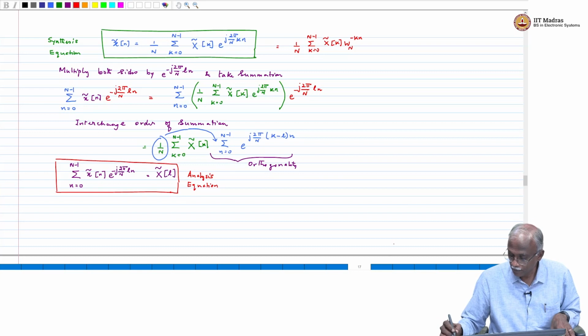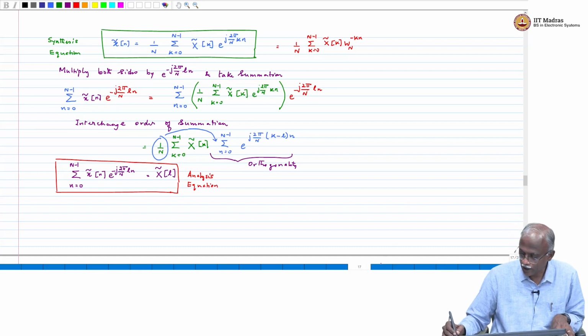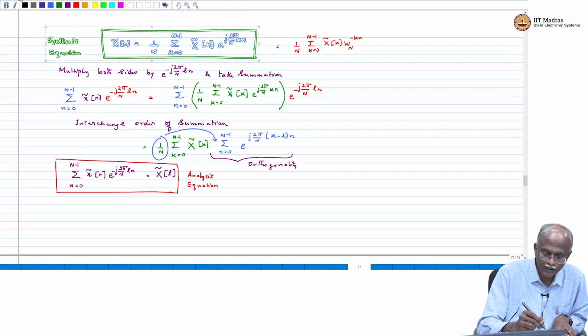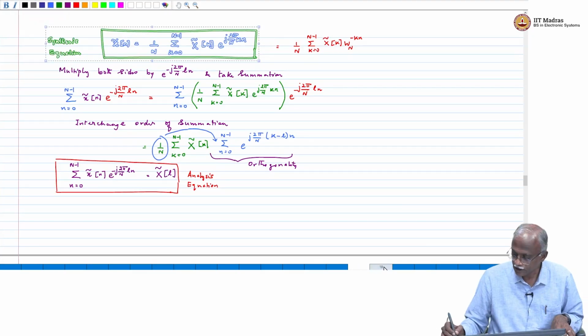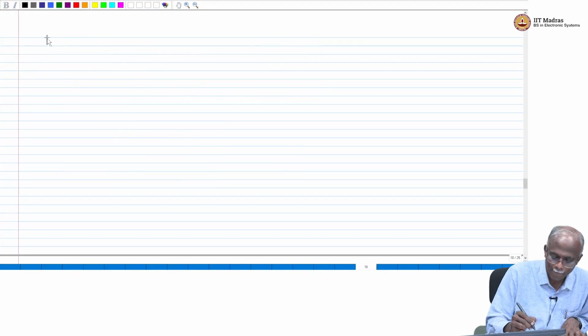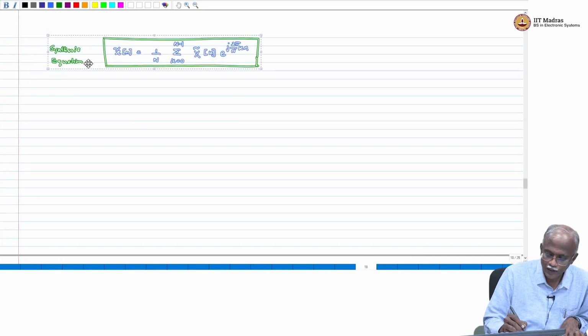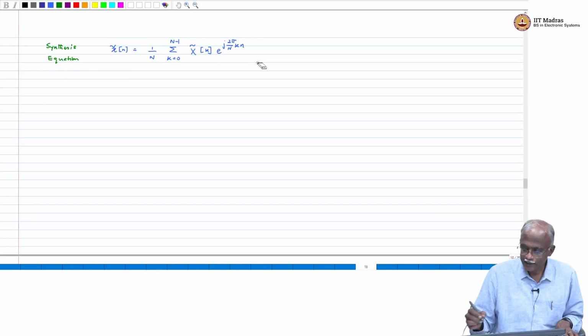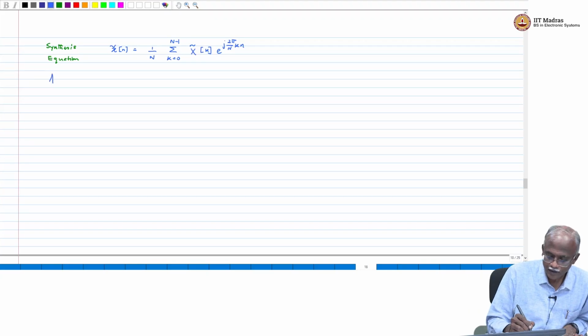Okay, so to summarize, good idea to capture both of these on a single page. So this is the synthesis equation. No need for the box, we can remove the box. And the next one will be the analysis equation, which gives us the Fourier series coefficients.